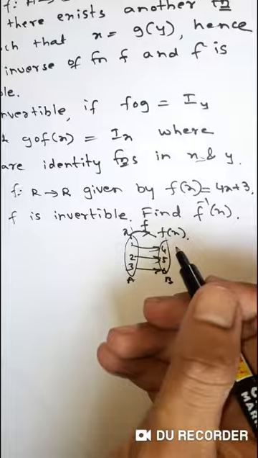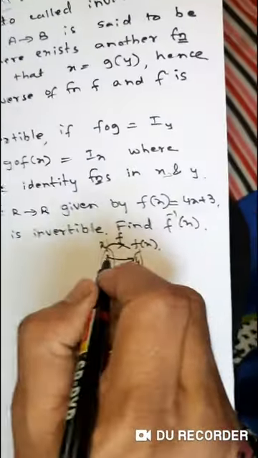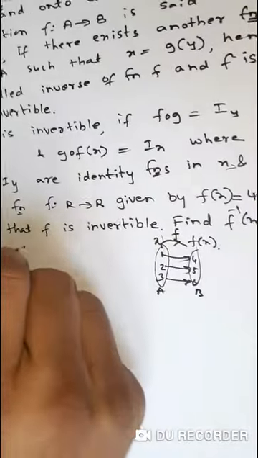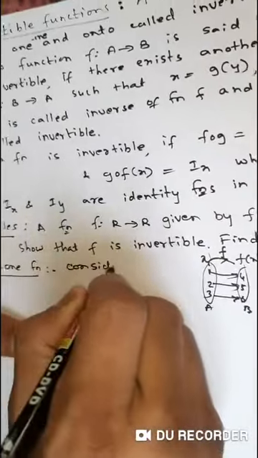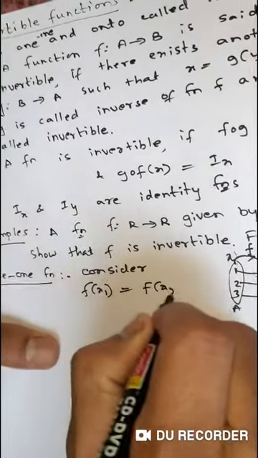Assume that f of x1 is the image of x1, f of x2 is the image of x2. To prove the function is 1-1, consider f of x1 equal to f of x2.